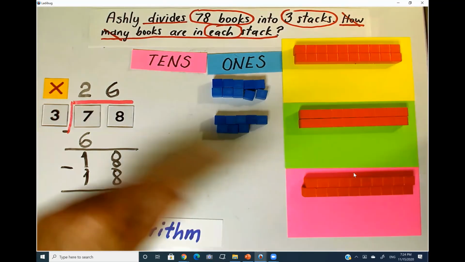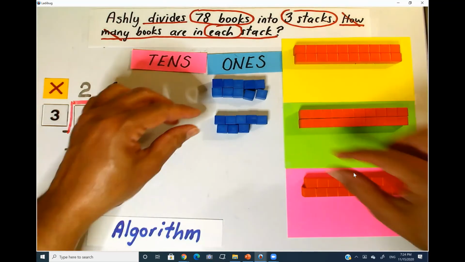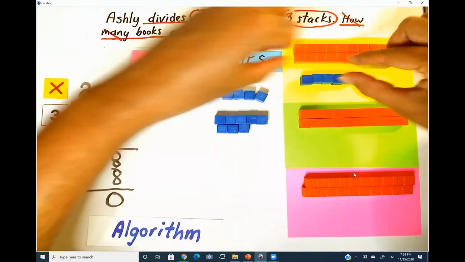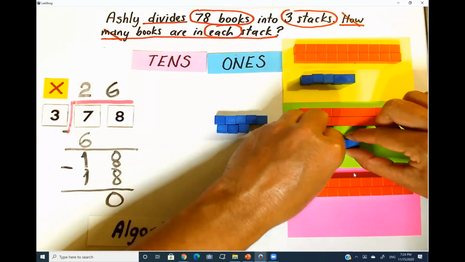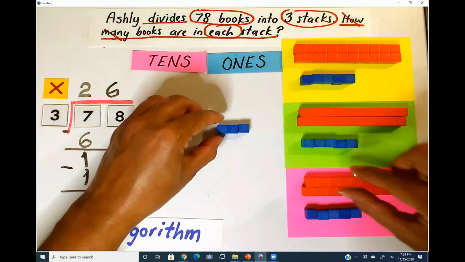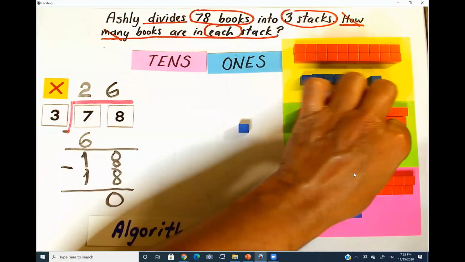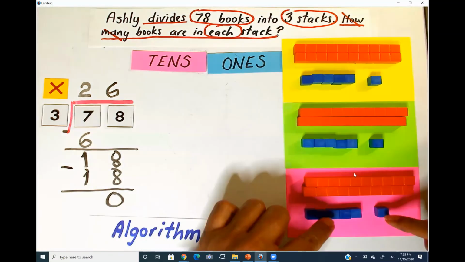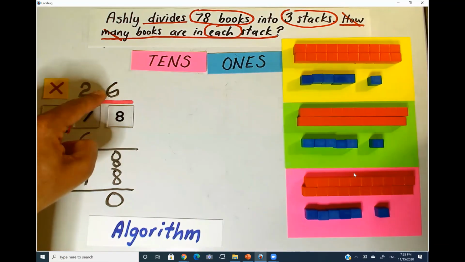Here it's telling me that I had to give 6 to each group. So let me do 5 to this group, 5 to the next group, 5 to the next group, and then 1 more for each one. If you notice, I gave 6 ones to each group, which is this quotient now.